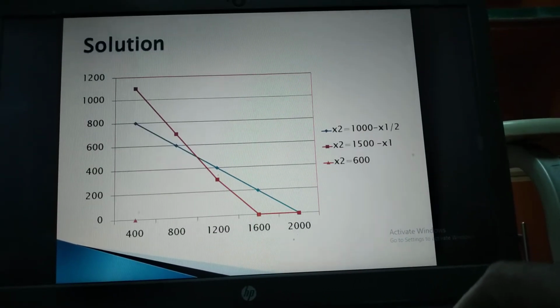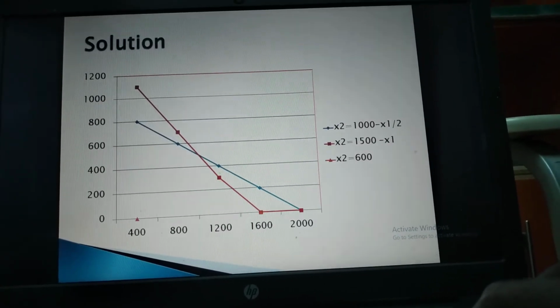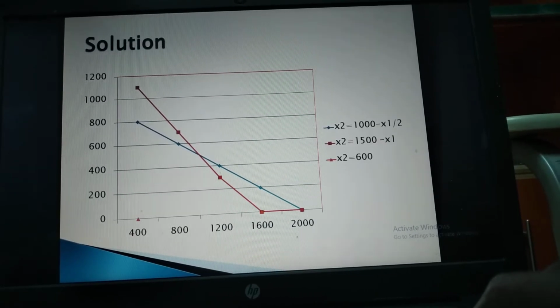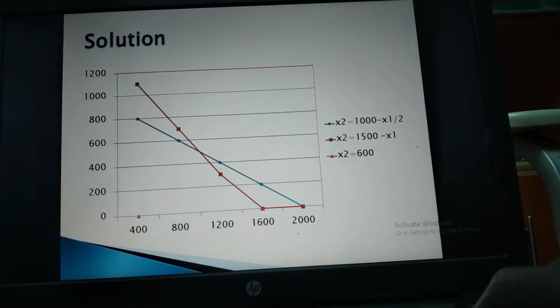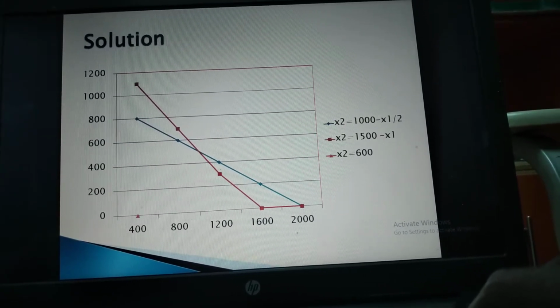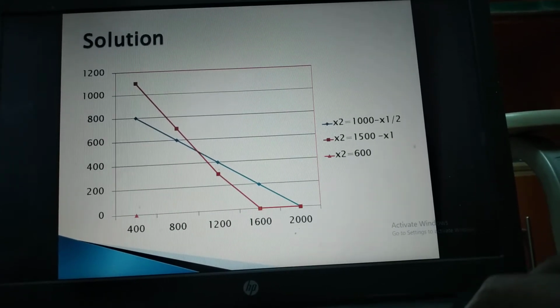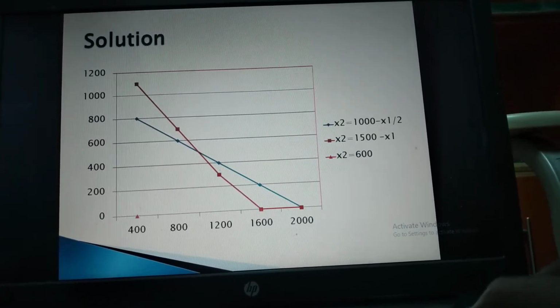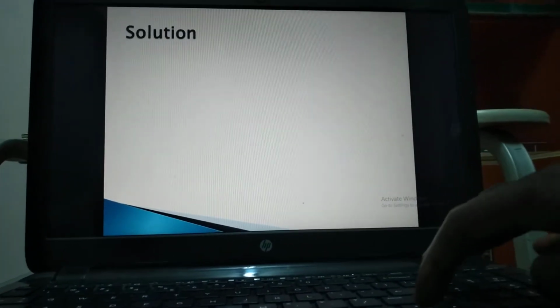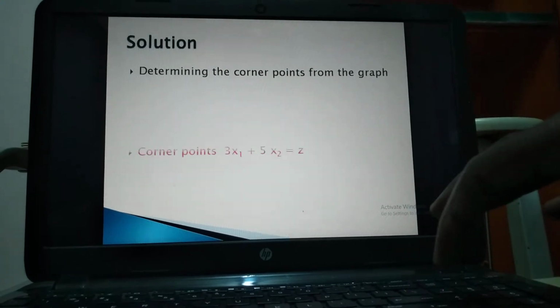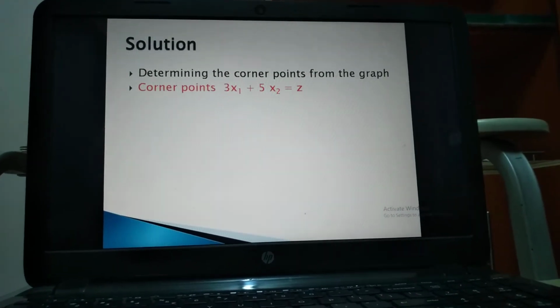Now, when we plot this information in the graph, this is what we will get. This is a sample of the graph using the equation. But now, I want to take you to where you can get the right solution for that question.